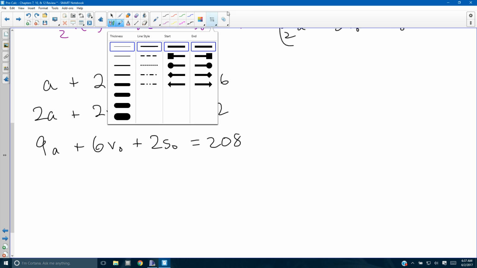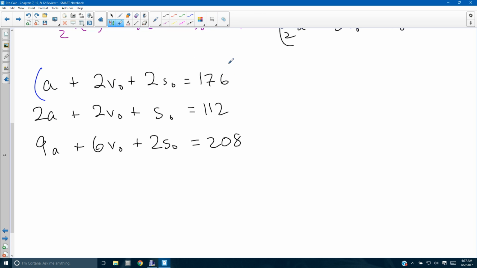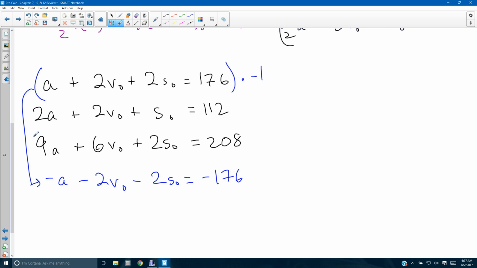If I take equation number 1 and multiply it by -1, then I can line it up with equation number 3, and I can eliminate the s naughts. So I'll have -a minus 2v naught minus 2s naught equals -176. Everything turned negative with these two equations.